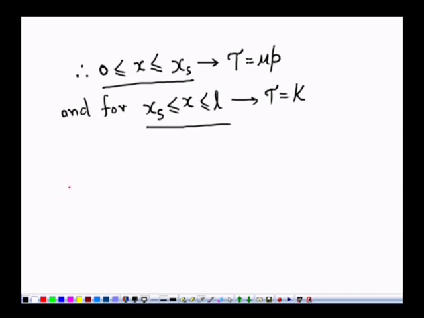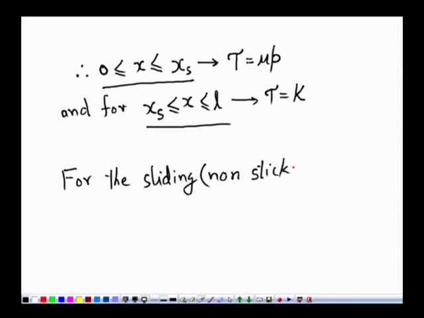For the sliding zone, here the non-sticking zone, we have to use tau equal to the coefficient of friction times the force.